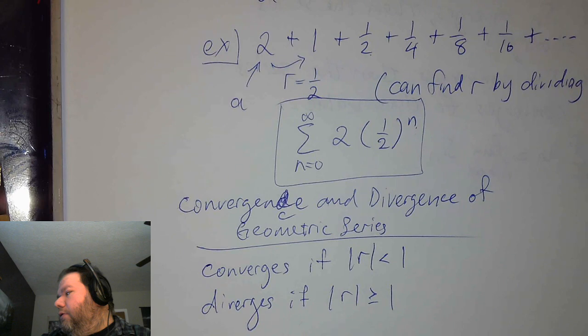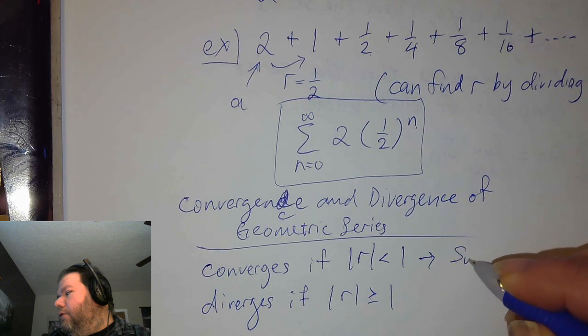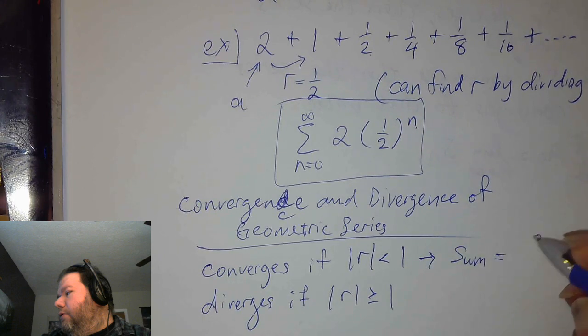That's the other word there. However, if we're multiplying by a number smaller than 1, such as 1/2 in this instance, the number is going to get smaller and smaller, and it becomes more manageable. We can actually add all those together, and we're able to determine the value of the sum in that case. Specifically, the sum is equal to A divided by 1 minus R.